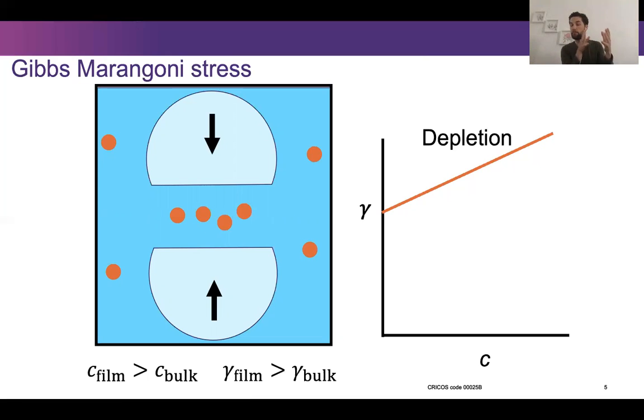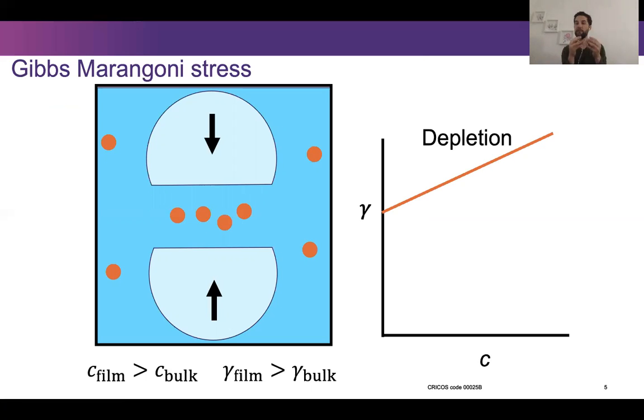a significant proportion of this thin film is actually the surface region. And in that surface region, we know that the ions are depleted, and therefore fewer ions will be coming out of that thin film than the bulk concentration. So the concentration in this thin film will gradually increase. And this increased concentration will then lead to an increased surface tension, because as we know, higher concentrations of salt have higher surface tensions.